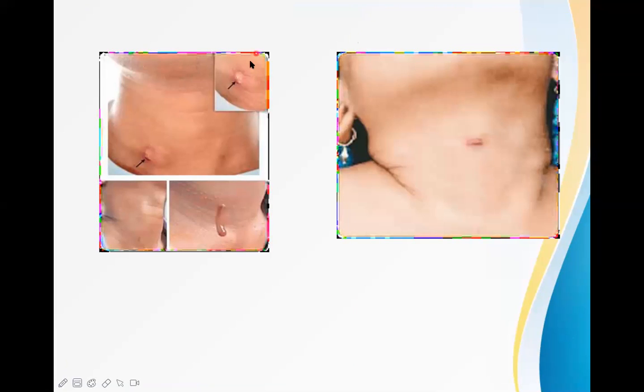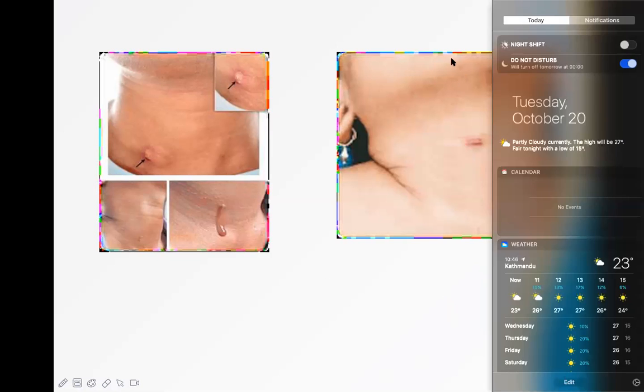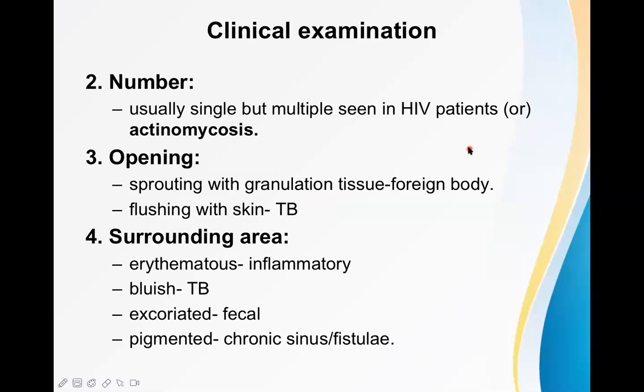Now some more. So please have a look here. Okay, there is one right here, on the side of the neck. Here is some pus discharge already, because of repeated infection. So here is the mandible. See here.